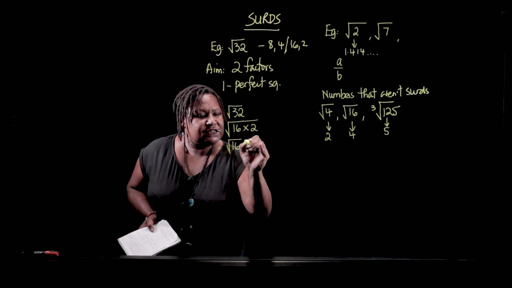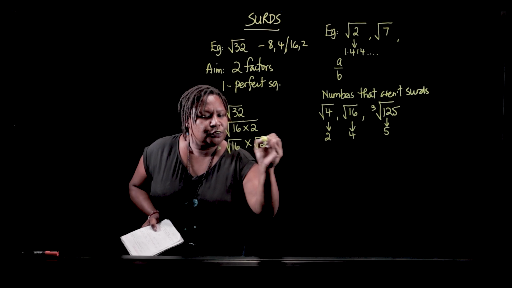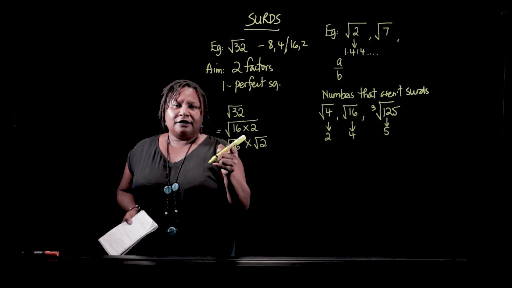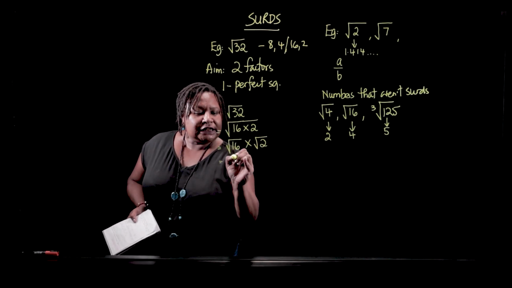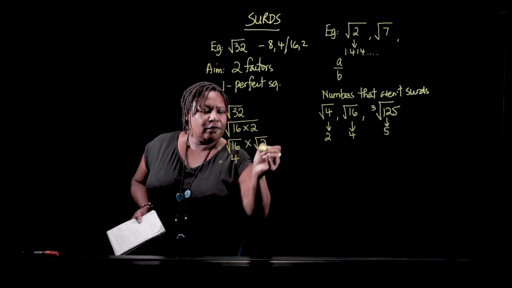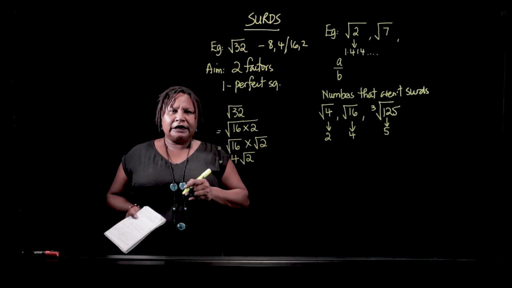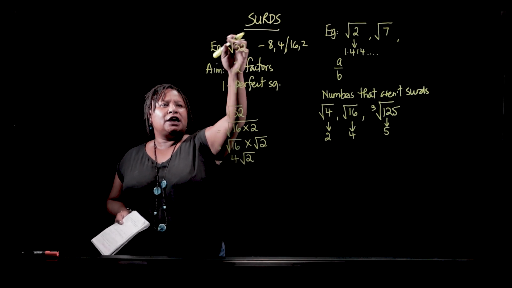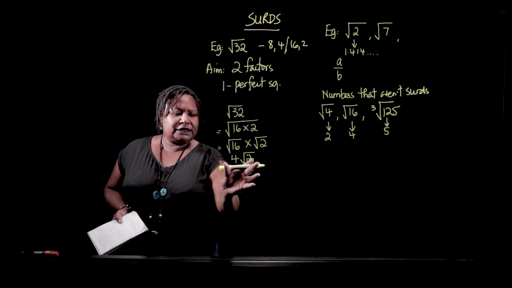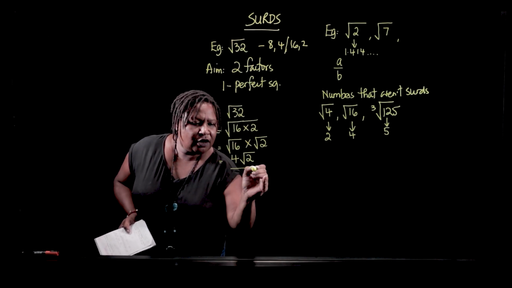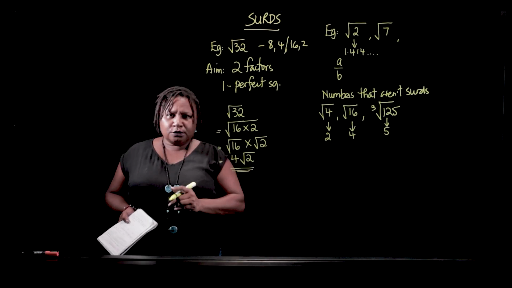Square root of 16 times square root of 2. All right, square root of 16 is 4, multiplied by root 2. Okay, so we have reduced square root of 32 to its simplest form, which is 4 root 2.